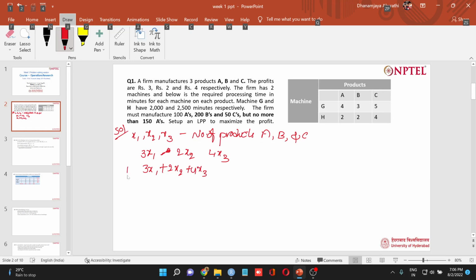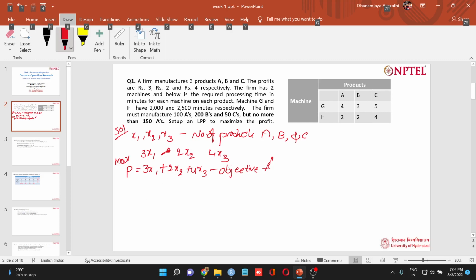So we maximize P = 3x1 + 2x2 + 4x3. This is the objective function. Next we have to find out the constraints involved in this problem.